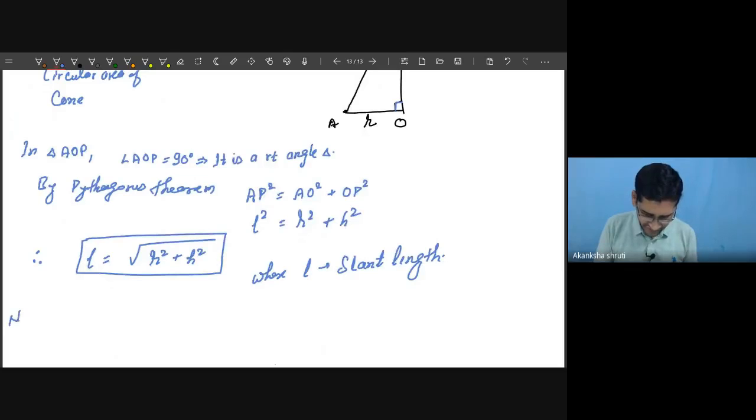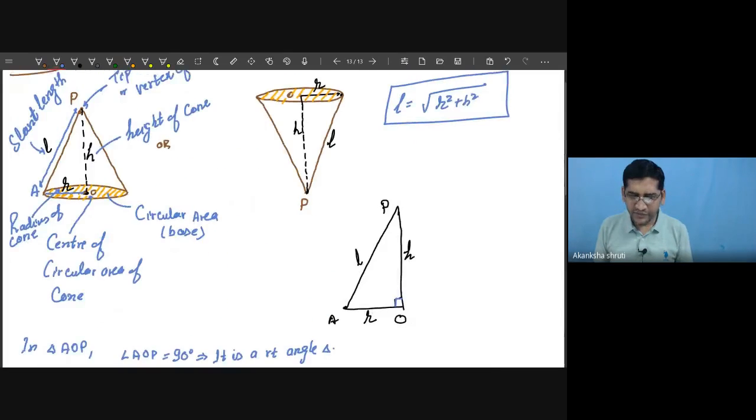Now we can have two kinds of area, students. One is the area of the circular base or circular top. Another one is the area along the curve, along the slant length. So this area may be marked like this. See, one is this one.